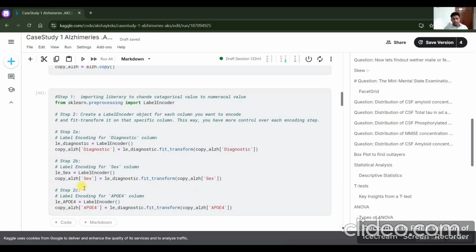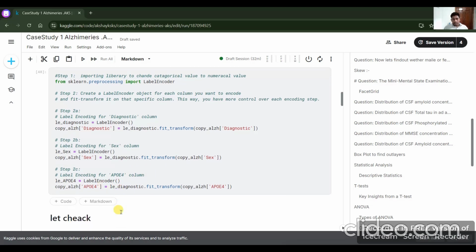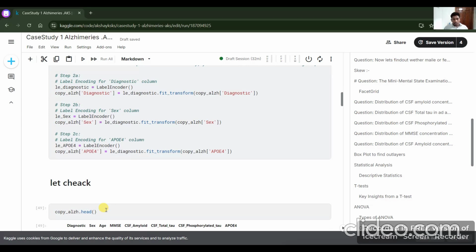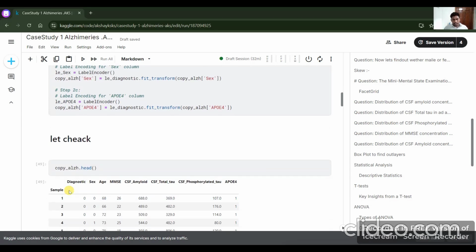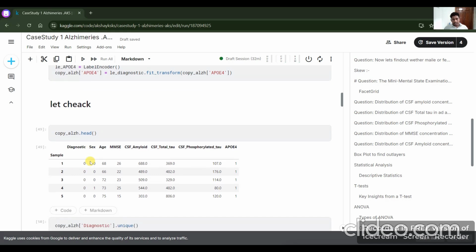Then step 3, label encoding APOE4. After labeling, let's check copy_lzh.head. Diagnostics value 0, sex 0, age, every type of data we can see.